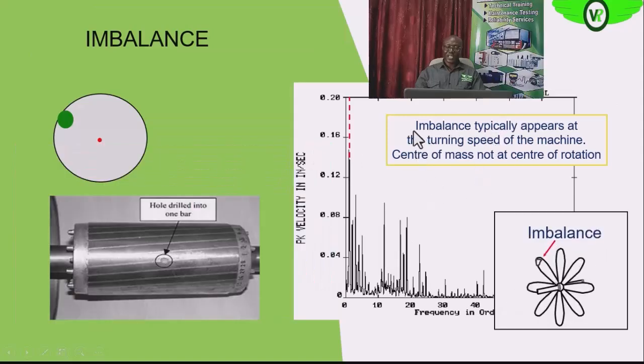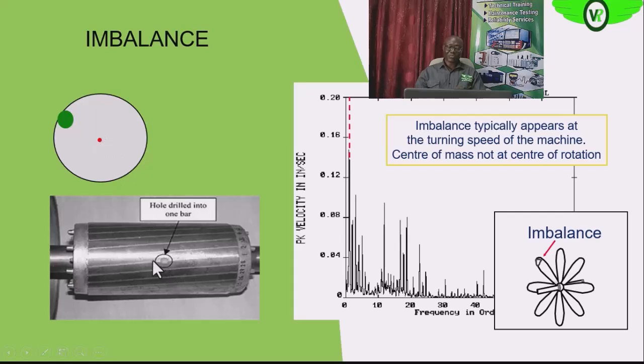Okay, as you see here, imbalance will typically appear at 1 times RPM. So you see a peak like this. If it is 1 times RPM, that is as a result of imbalance. Imbalance, as we know, is when the center of mass does not coincide with the center of rotation or the center of gravity of the rotor.